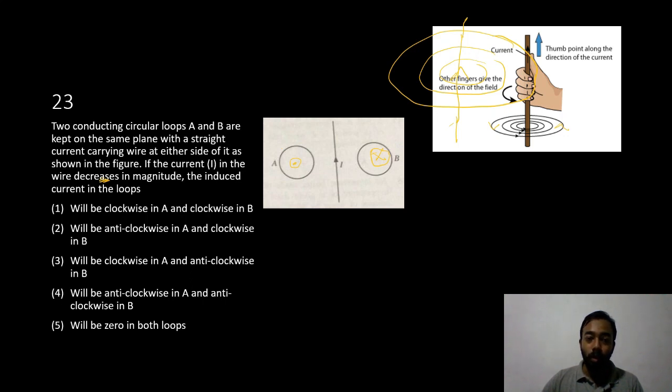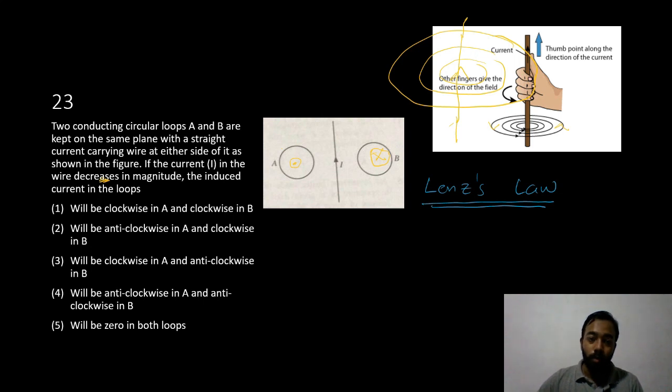So using Lenz's law, we can find the direction of this induced current. Lenz's law states that if there is a change in the magnetic field related to a current carrying conductor, the induced EMF will always generate a current so that it will create another magnetic field that will oppose the change.